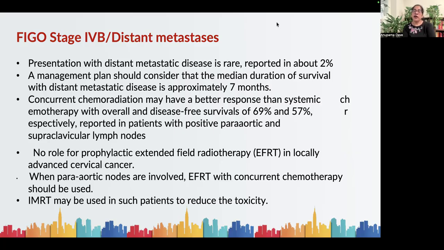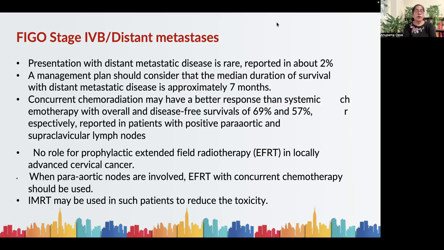Concurrent chemoradiation may have a better response than systemic chemotherapy, with overall and disease-free survivals of 69 and 57% respectively reported in patients with positive para-aortic and supraclavicular nodes. So in cases with advanced disease, concurrent chemoradiation may have a better response.